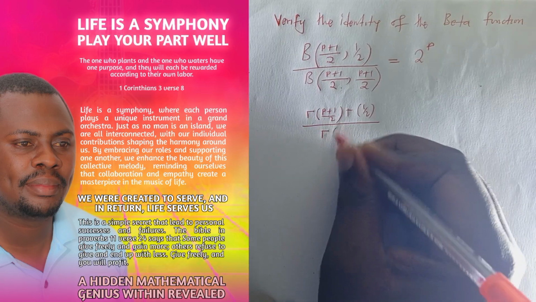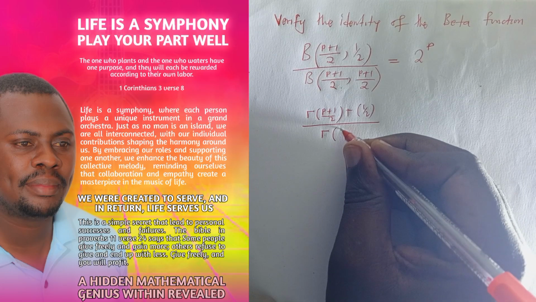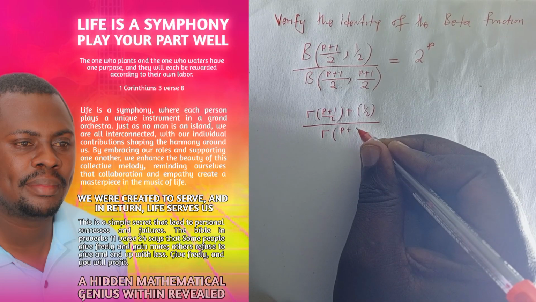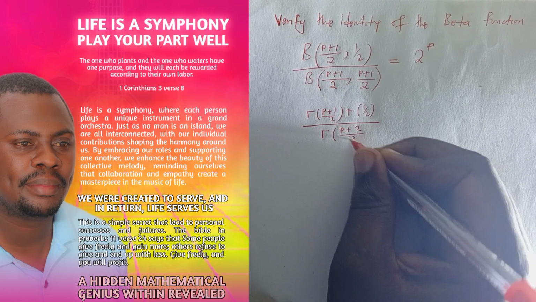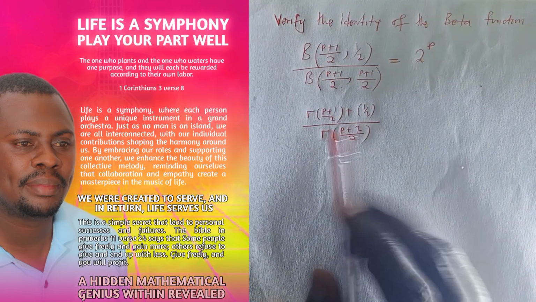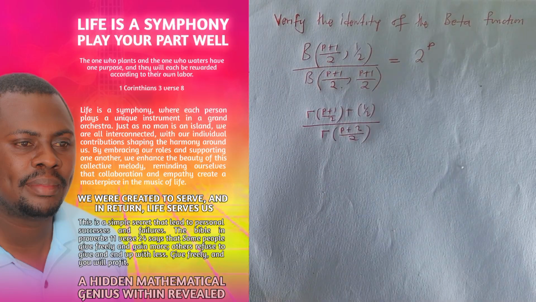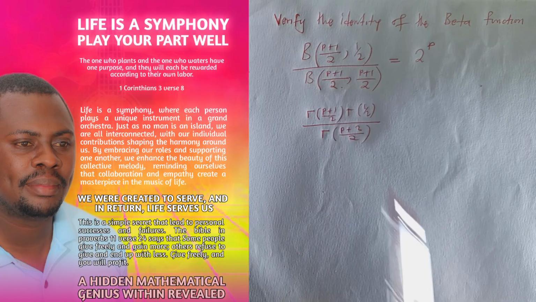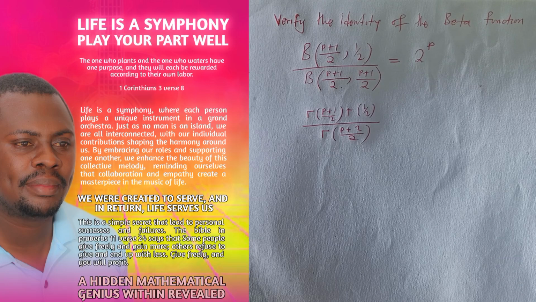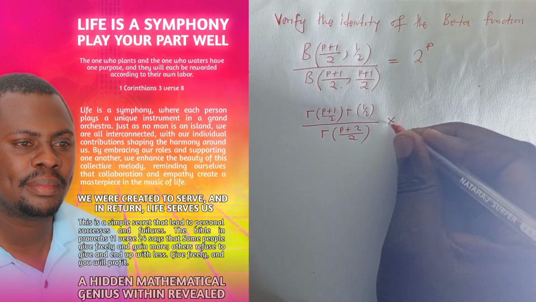So over gamma of p plus 2 over 2. Okay, so here there is a division. So what we can do, we can convert this directly to multiplication. So you say times.